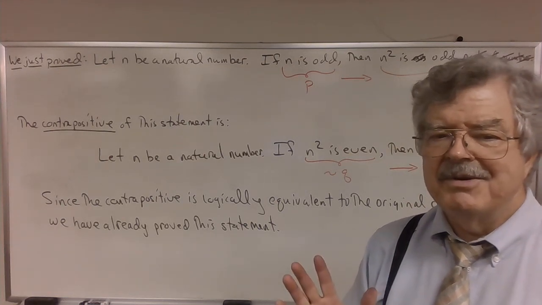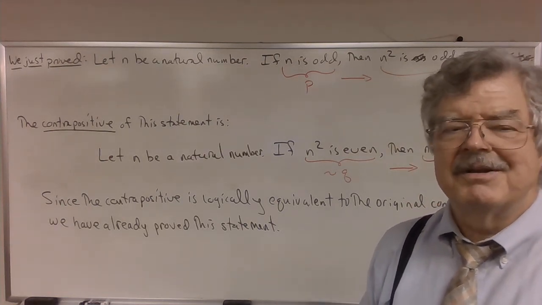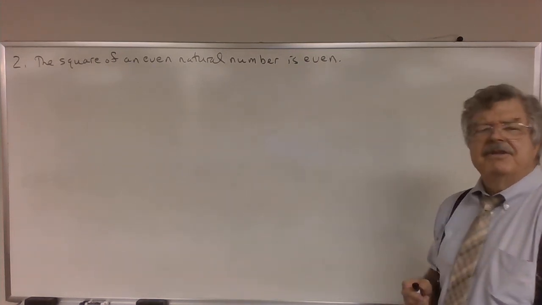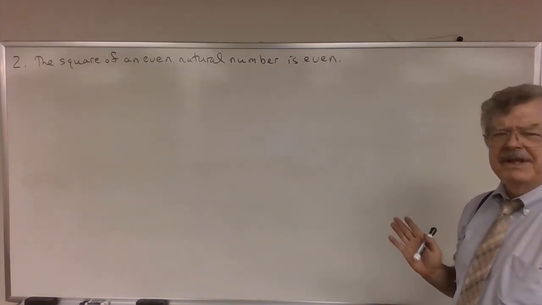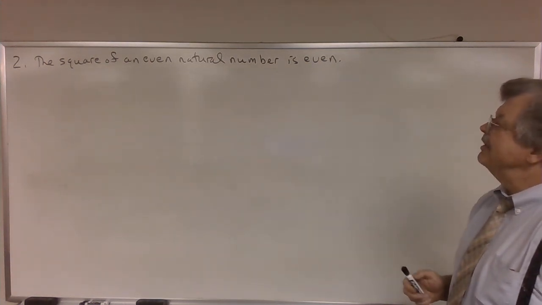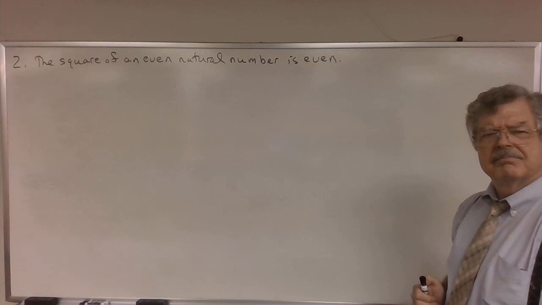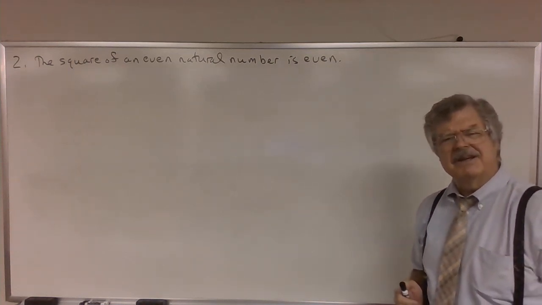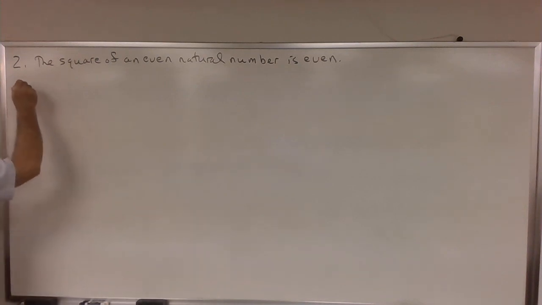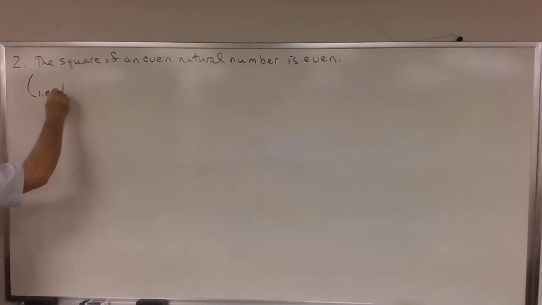Now we got to do the other conditional statement. I'll show you what I mean. Okay, here's the other conditional that we need to prove. The square of an even natural number is even. Well, it doesn't look like a conditional statement, does it? So let me rewrite it.